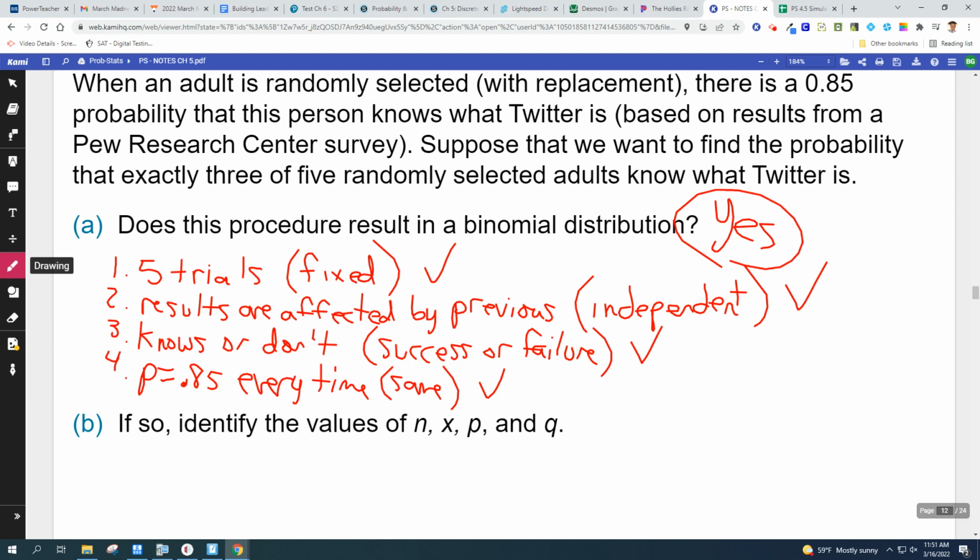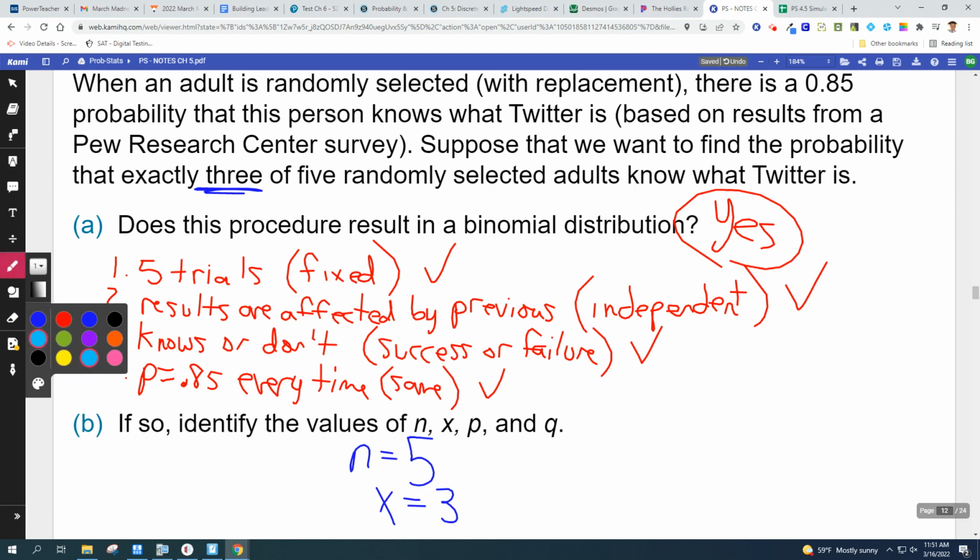This is more like it. n is how many trials there are. That's 5. x is how many we're specifically looking for. We're specifically looking at 3 of them. So x is 3. n is 5. p is the probability that we're after. Okay, and they came right out and told us the probability was 0.85.